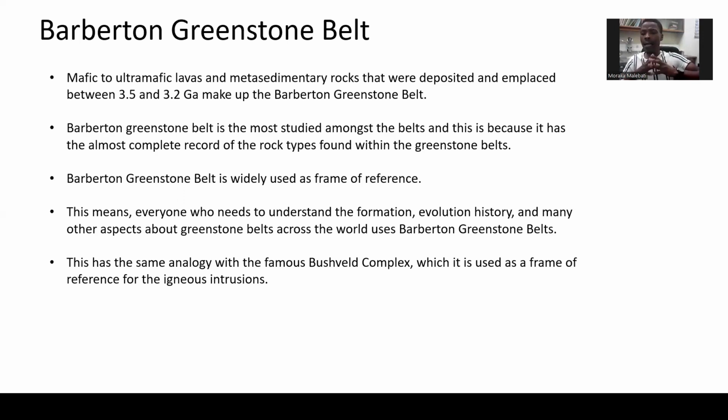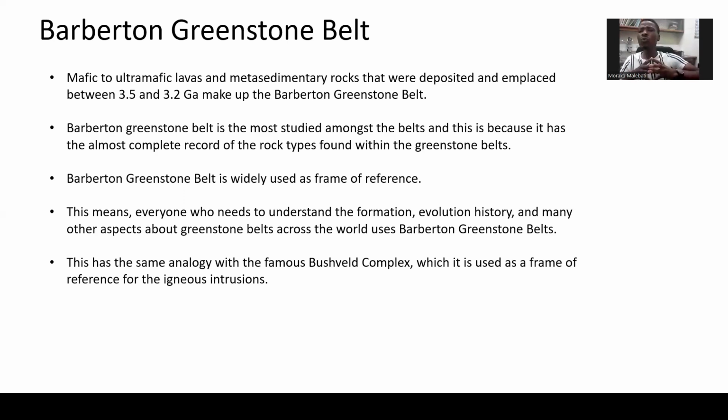Like I mentioned earlier, the Barberton Greenstone Belt rocks are the most studied, and they have almost complete record of all the rock types that we expect to find within the greenstone belts.